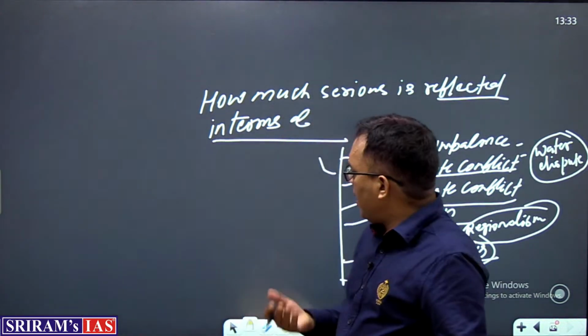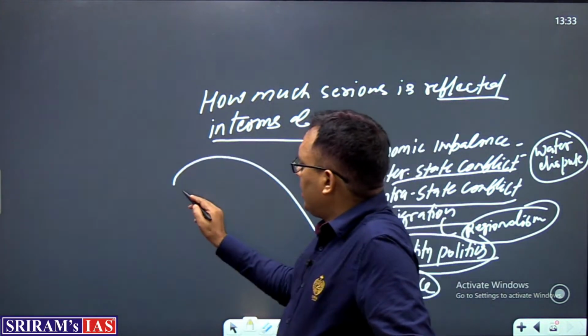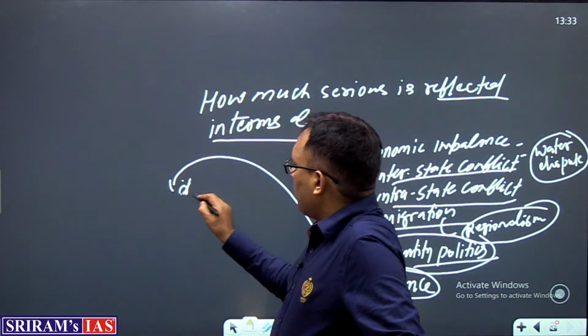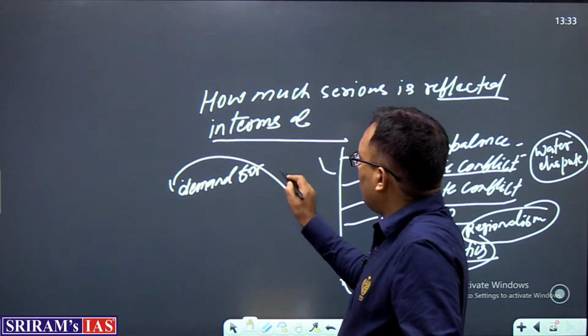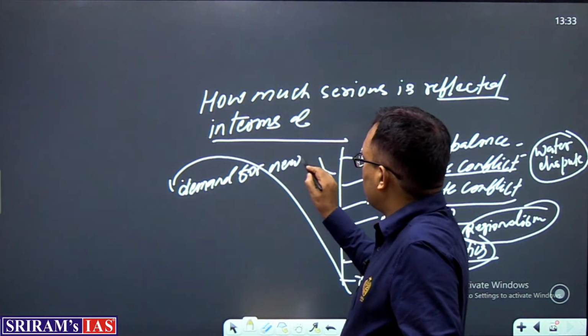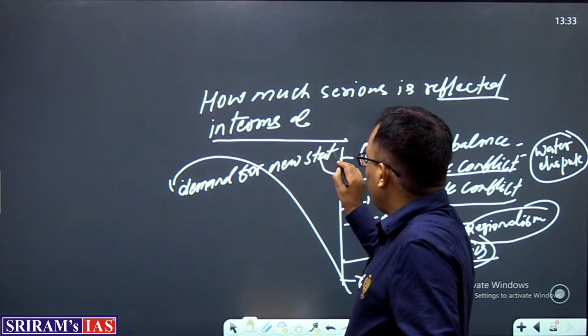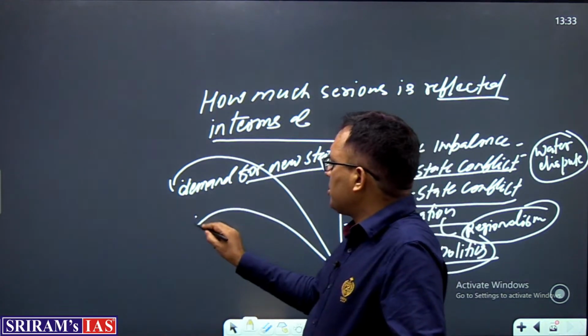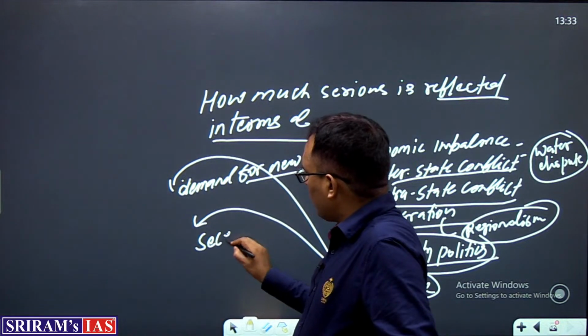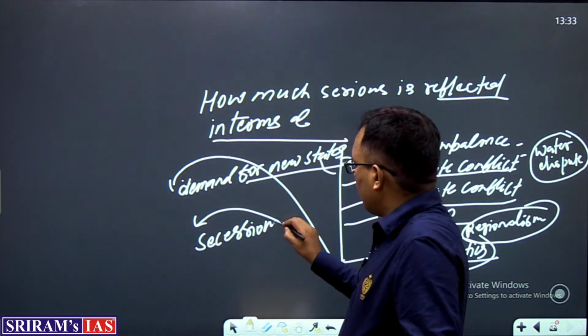The regional disparities have also led to other things like the demand for new states. It's a common feature, the demand for new states, and in some cases it also leads to secessionist movements.